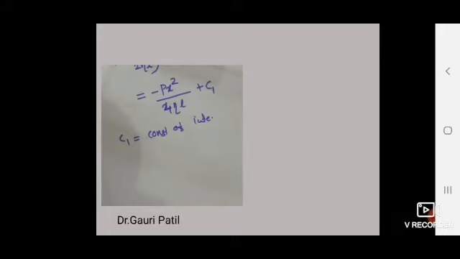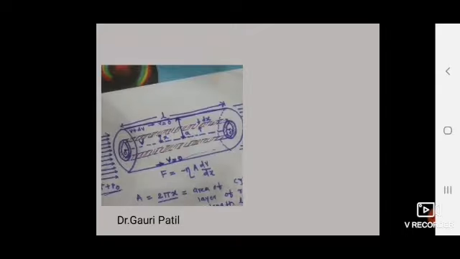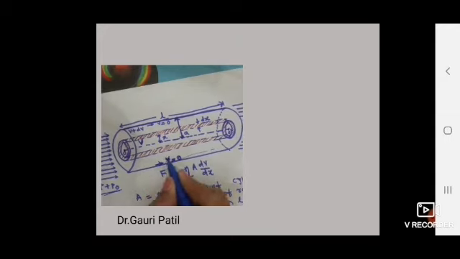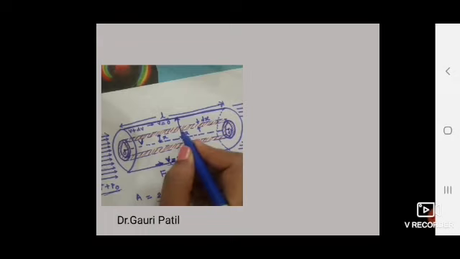To evaluate the constant c1, use the fact that the layer of liquid in contact with the wall of the capillary is stationary. Means the liquid in contact with the wall has velocity 0 because the capillary is stationary, and here x is equal to a.